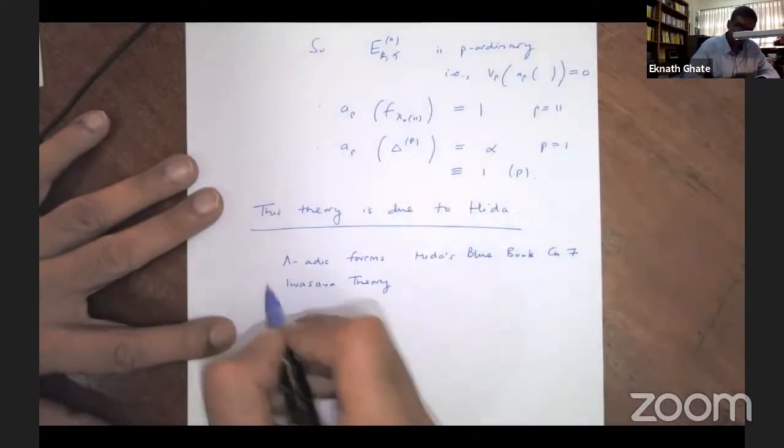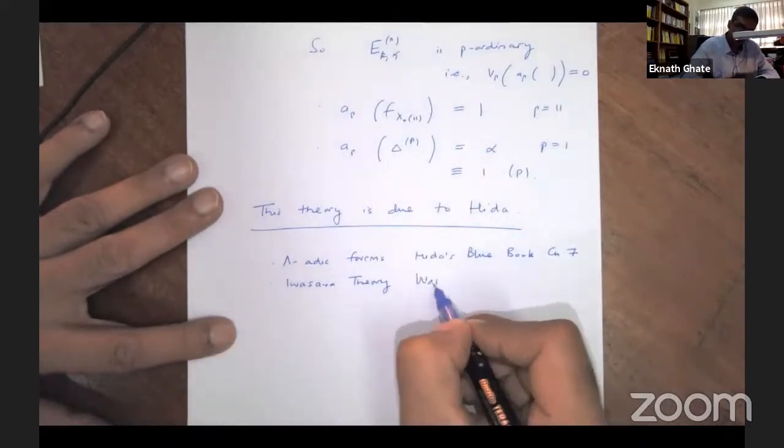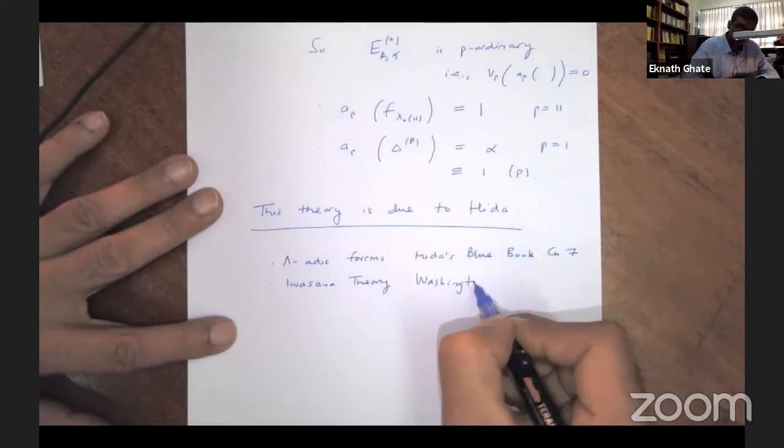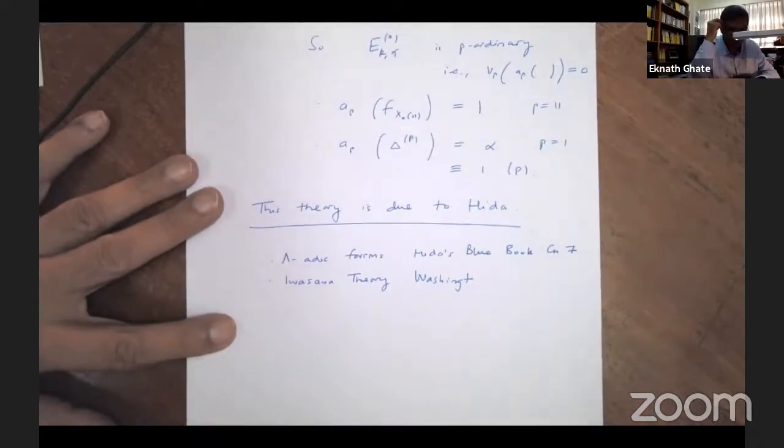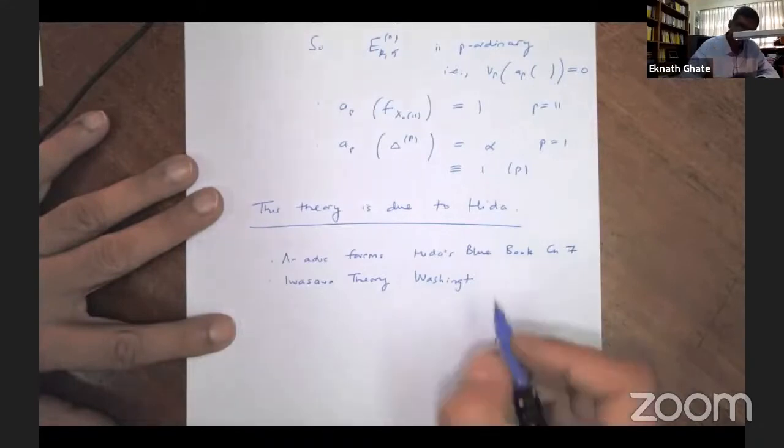And then for Iwasawa theory, you can look at Washington's book. Iwasawa himself has written several nice books. For example, somebody asked about the structure of local fields, and class field theory for local fields. Iwasawa has a very beautiful book about that, using Lubin-Tate groups. So he wrote several books, but I think he didn't write a book on his own papers.